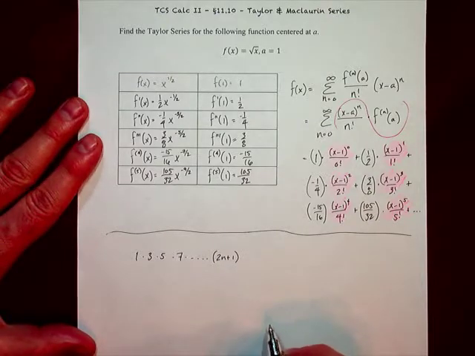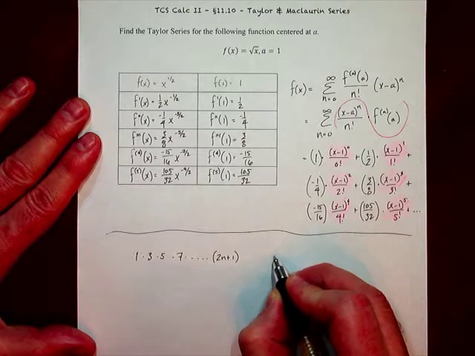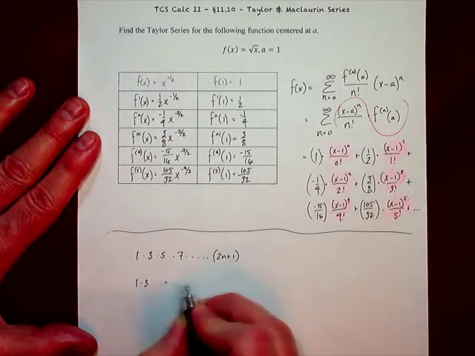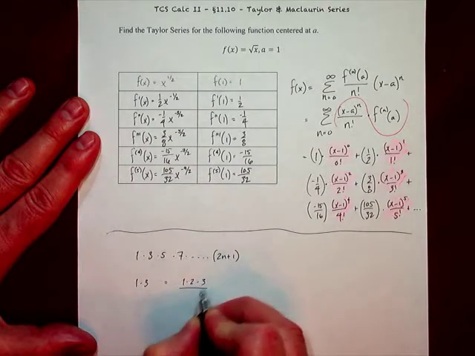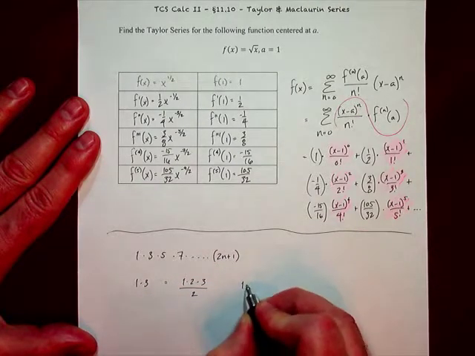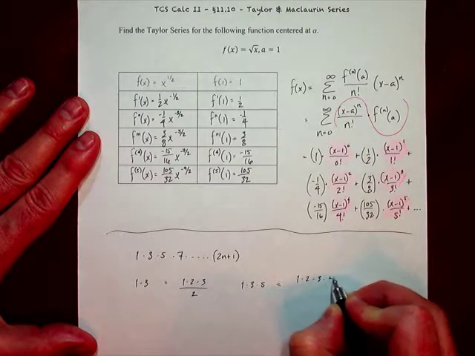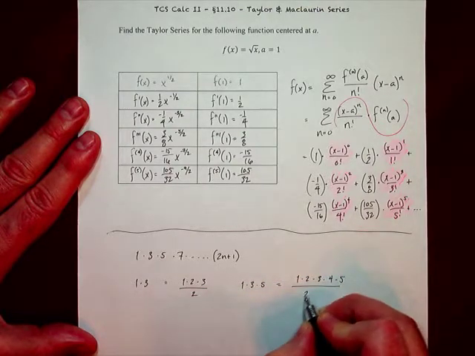Now remember that if you have 1 times 3, that's actually the same thing as 1 times 2 times 3 divided by 2, right? And if you have 1 times 3 times 5, that's 1 times 2 times 3 times 4 times 5 over 2 times 4.